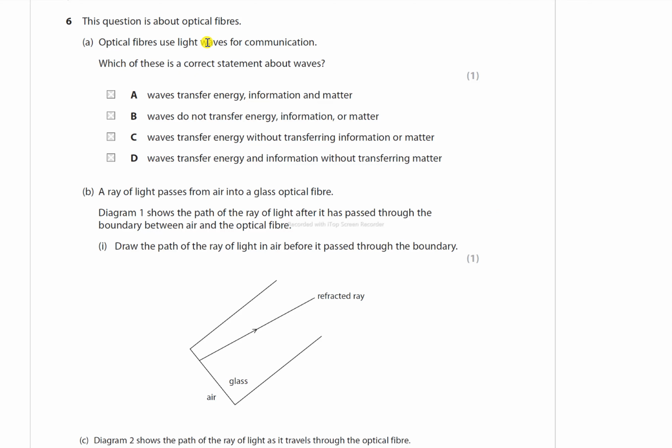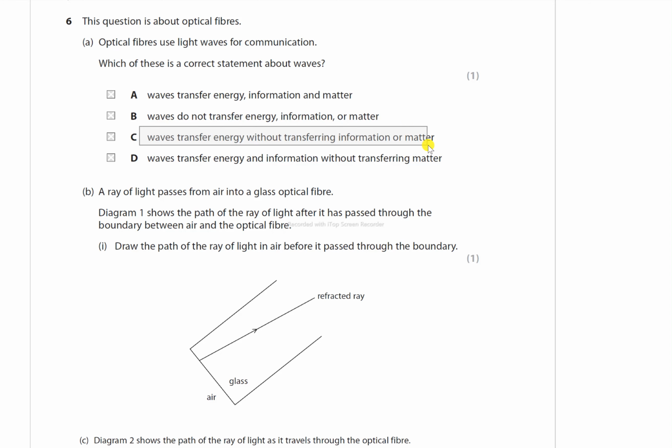Right, this question is about optical fibers. Optical fibers use waves for communication. Which of these is a correct statement about waves? Waves transfer energy, information and matter. No. Waves do not transfer energy, information or matter. Nope.